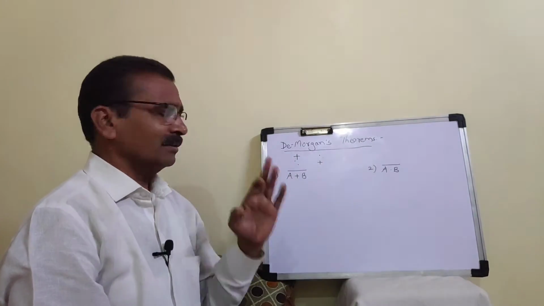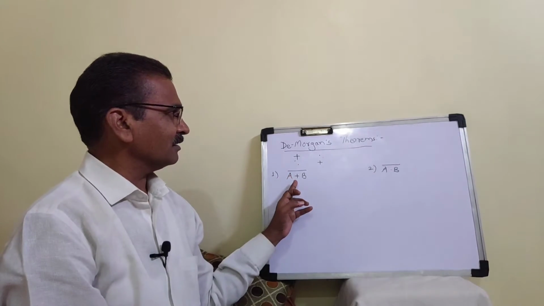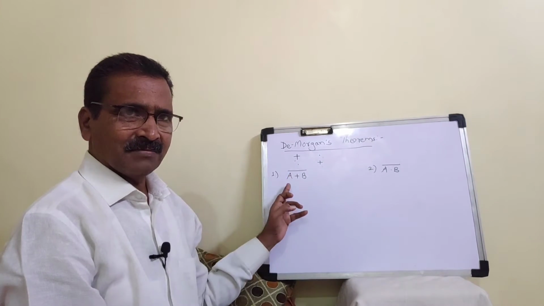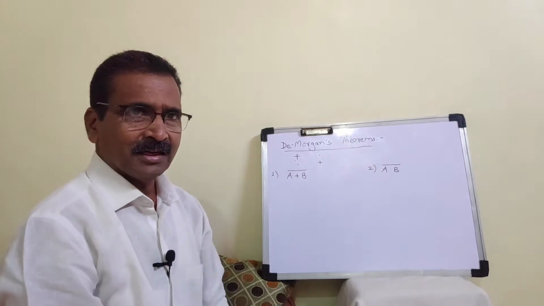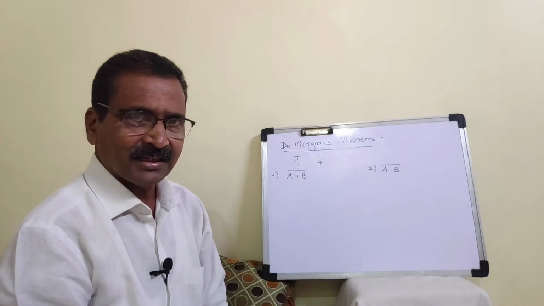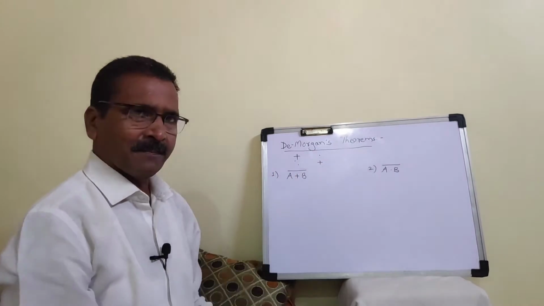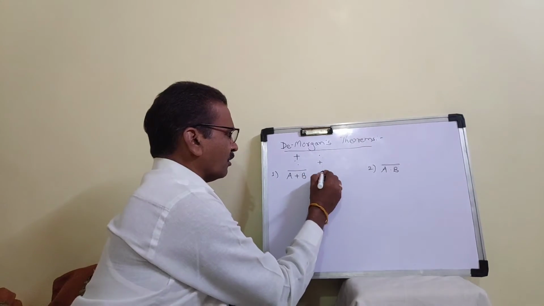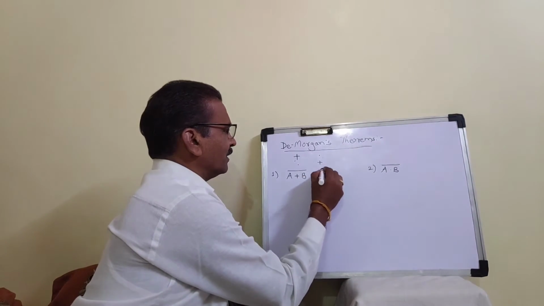So in NOR gate, this is our first theorem, De Morgan's first theorem. De Morgan's first theorem states that complement of sum is equal to the product of the complements.